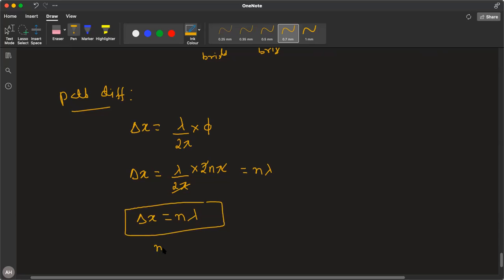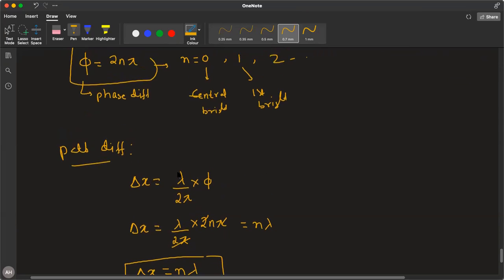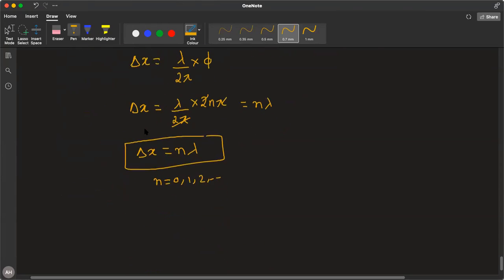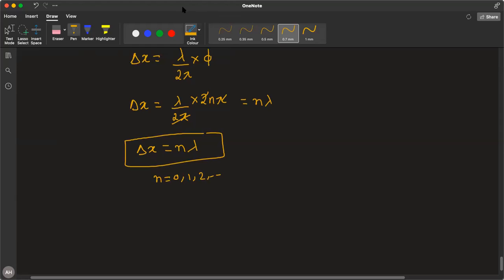And n, as earlier, will start from 0. So if you have two waves reaching a point, and at that point the phase difference between the two waves is 2n pi and the path difference is n lambda, then you will get maxima.